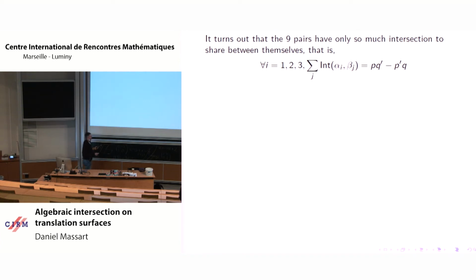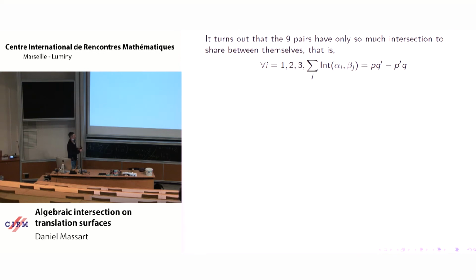The 9 pairs of geodesics of respective slopes p over q and p prime over q prime have only a fixed amount of intersection to share between them all.